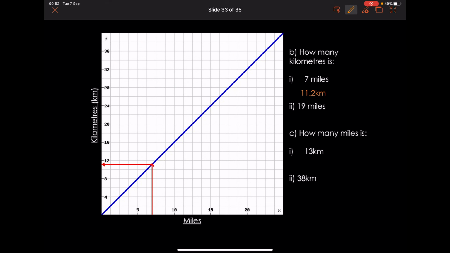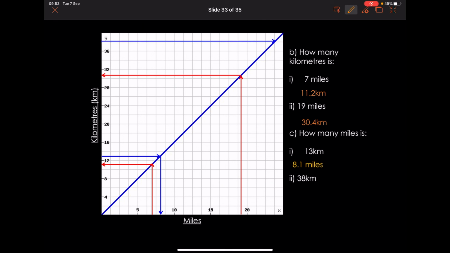So we're going to go to 19 miles on our grid, across to kilometres just there, and that gives us around about 30.4 kilometres. And then for C, it wants us to do it the opposite way round, so 13 kilometres would work out to be about 8.1 miles, and 38 kilometres at the top there would work out to be around about 23.75 miles. Okay?